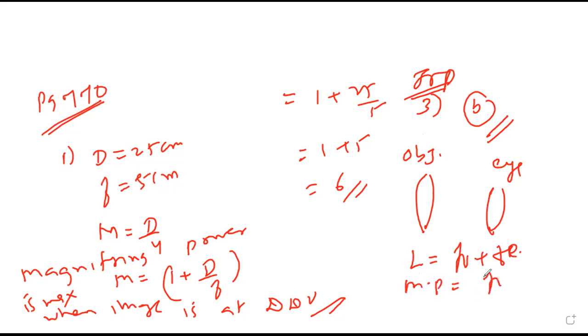Magnifying power is FO upon FE. FO is fixed and you can't change it, it is at a fixed position. The eyepiece you can bring to and fro, and FE will change accordingly. So when you increase FE, magnifying power will decrease. Normal position is FO plus FE.